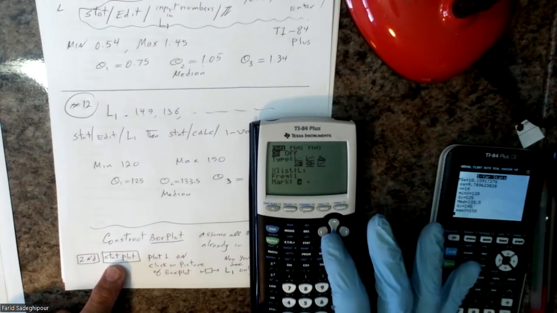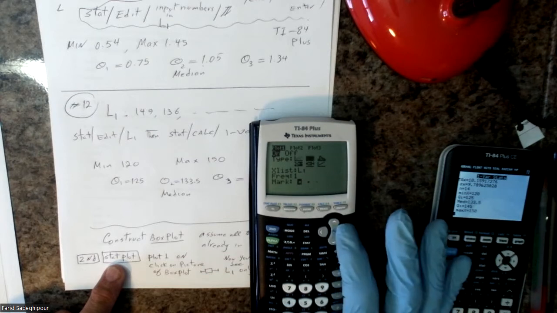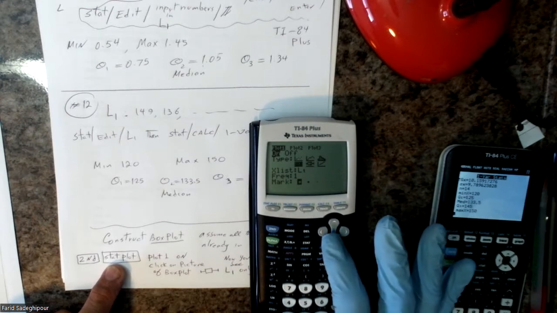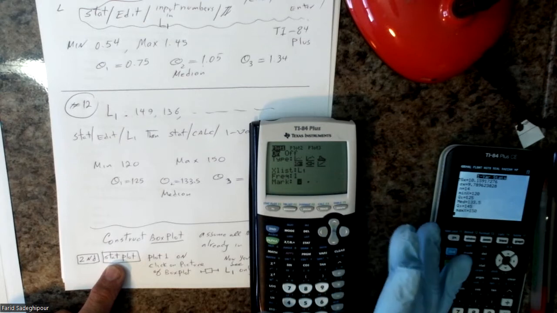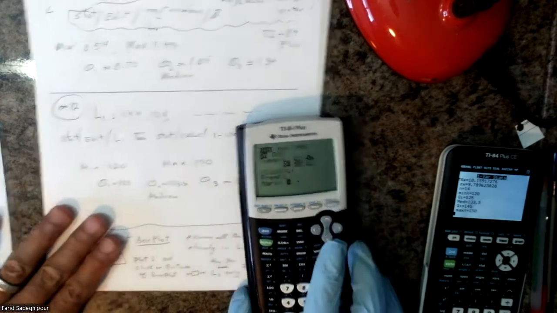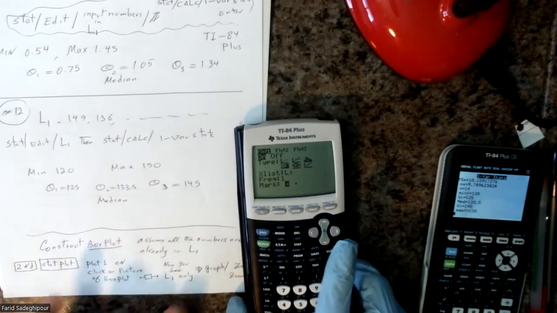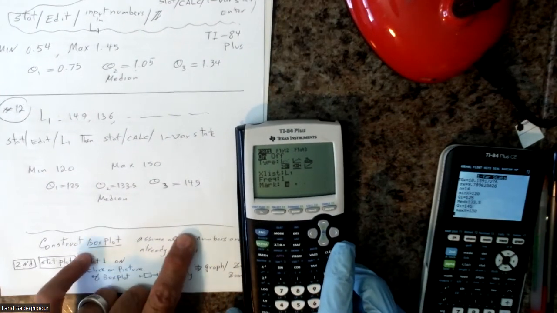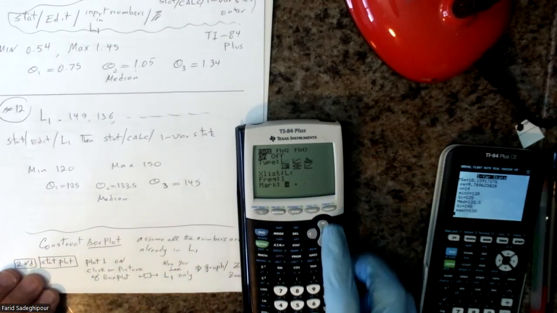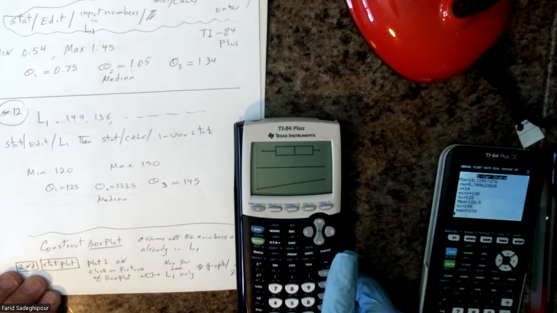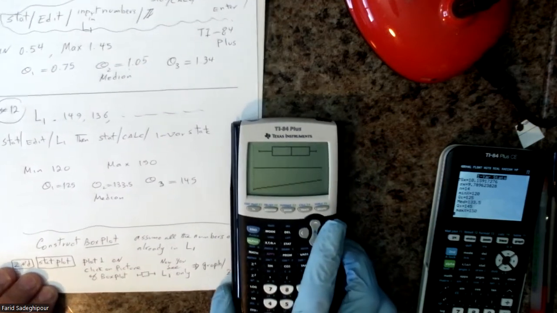Then, which graph do we pick? The box plot looks like this, and all the information is already in L1. The calculator understands all the information is in L1. So everything is set here. Now you go to Graph. And you see your box plot.